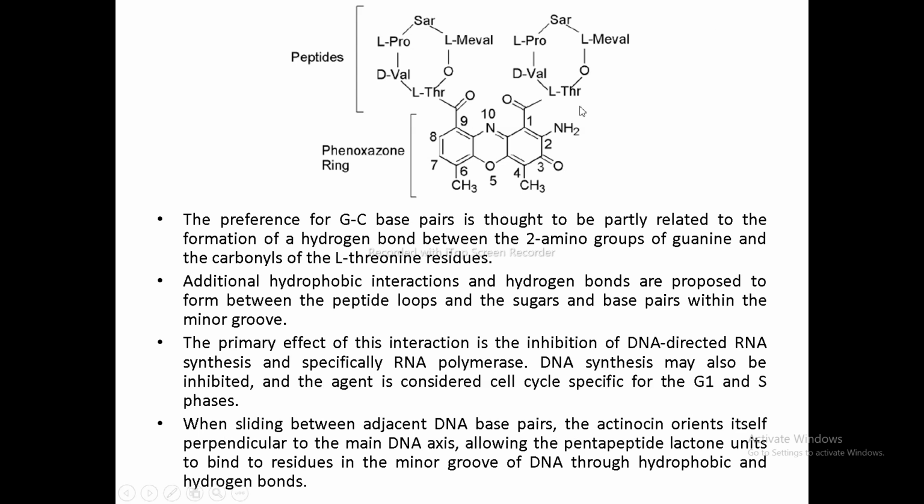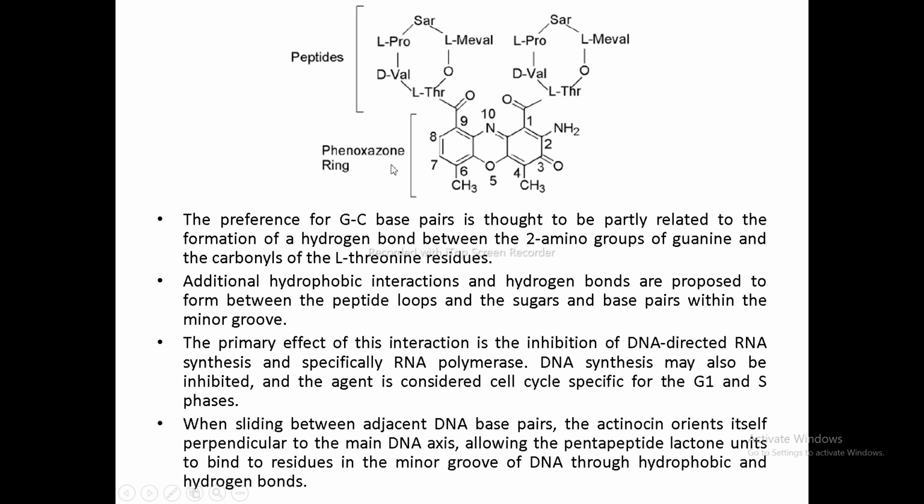Okay. Now, actinomycin is the name of the class, and this is the structure of dactinomycin or actinomycin D, right? Dactinomycin or actinomycin D. So this is the structure of dactinomycin.